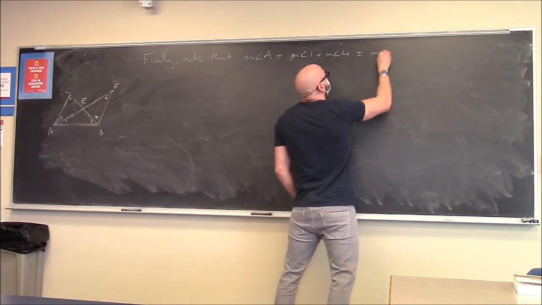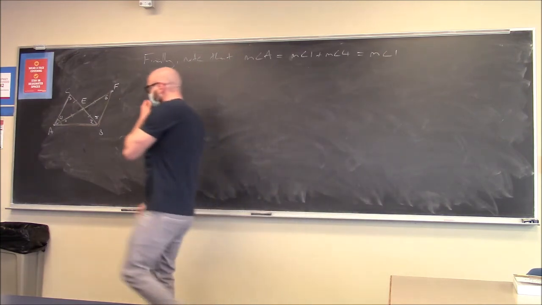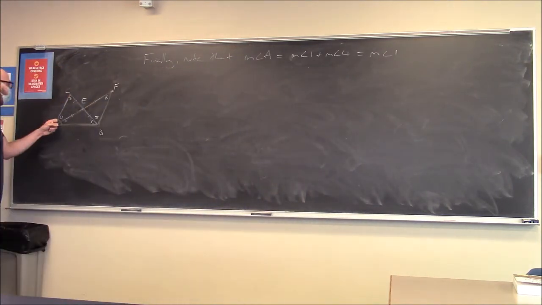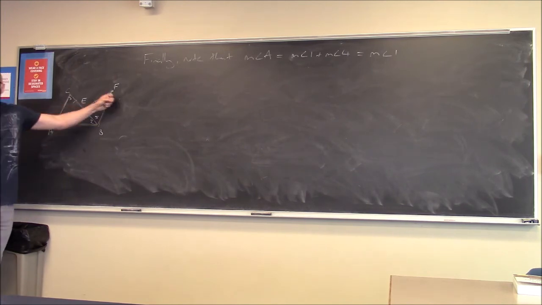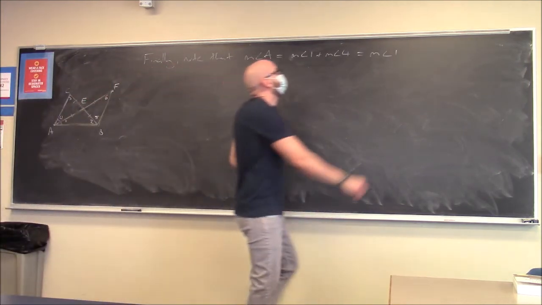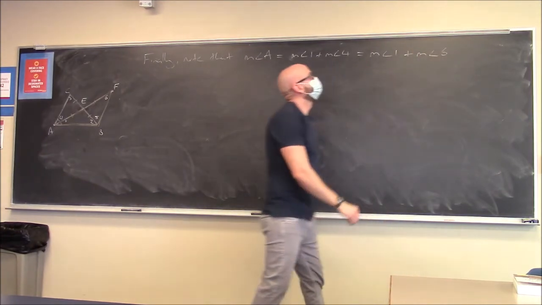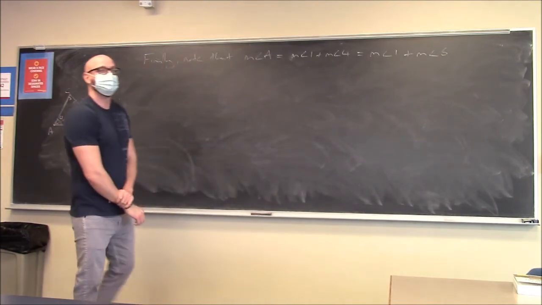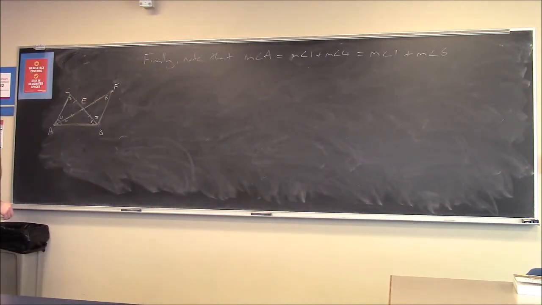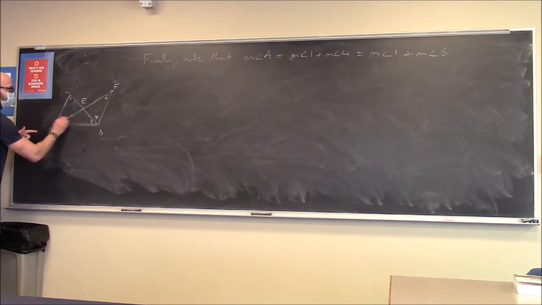And if I replace this with a congruent angle, angle 4 is the same as which angle? Angle 6, right? Plus measure of angle 6. So the measure of angle A is the sum of those two.